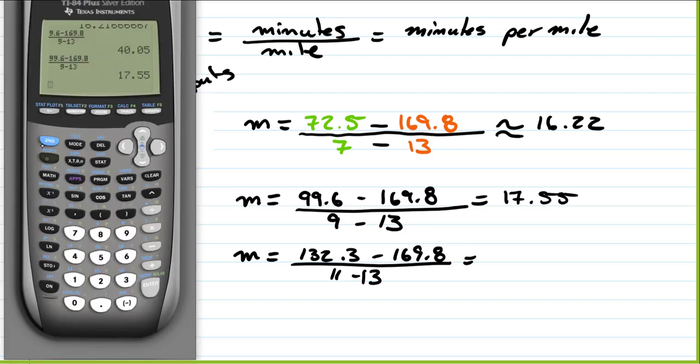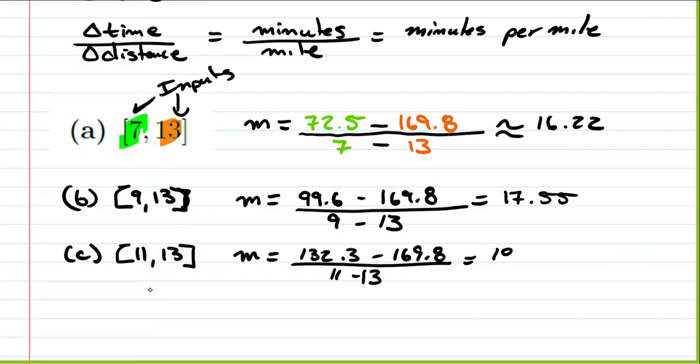Let's see if I can type it into my calculator correctly this time. So 132.3 minus 169.8 all over 11 minus 13. Press enter, and we get 18.75.